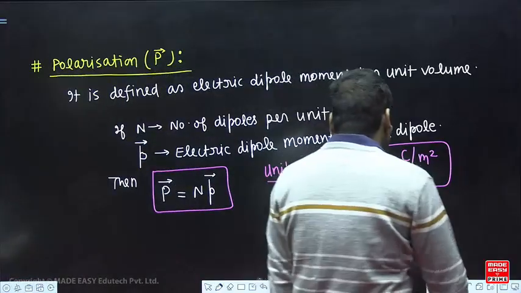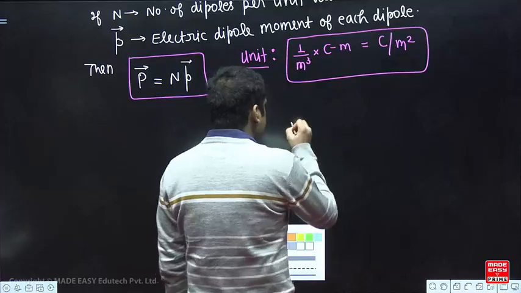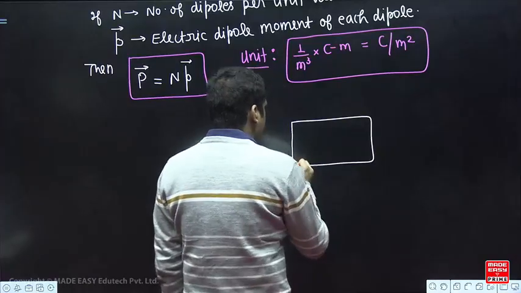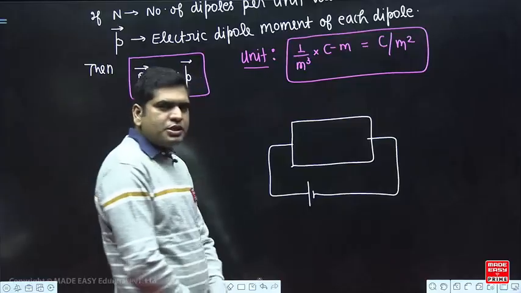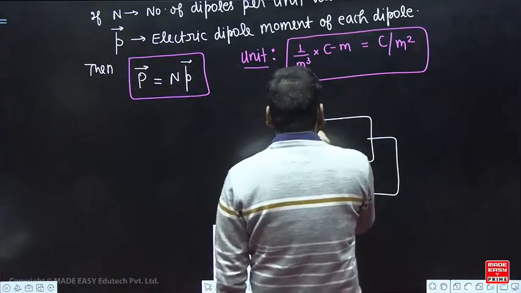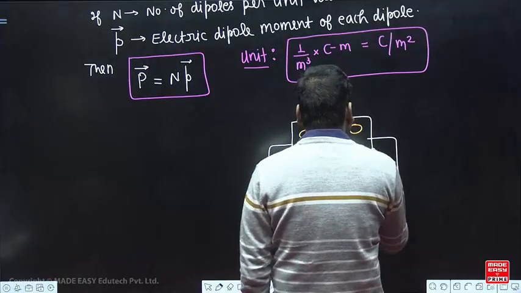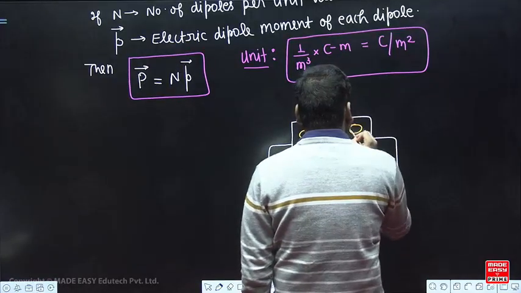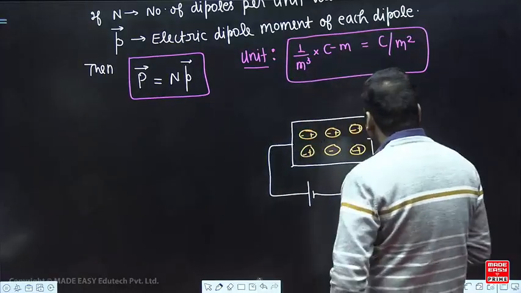So now I can say that if there is a dielectric material, and if I apply an electric field, this material will have two kinds of charges. One, these atoms which are getting polarized, minus plus, minus plus, minus plus, right?